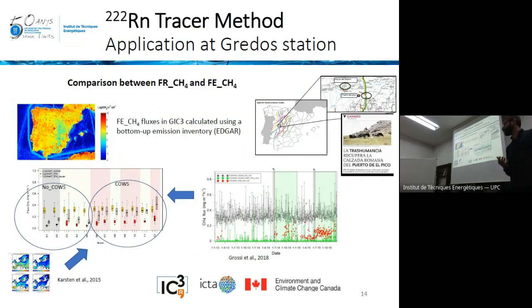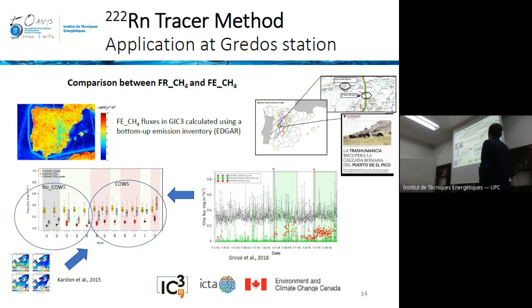What was interesting in this study is that we compared these fluxes with inventories. There's a methane inventory called EDGAR, which gives emission estimates of methane for Europe.